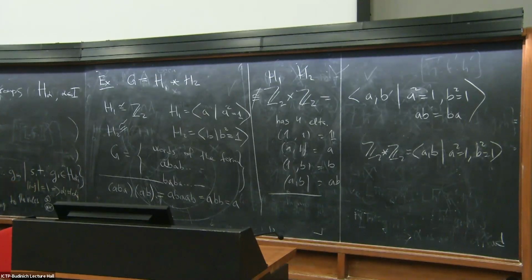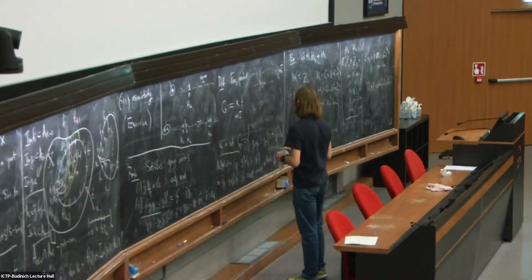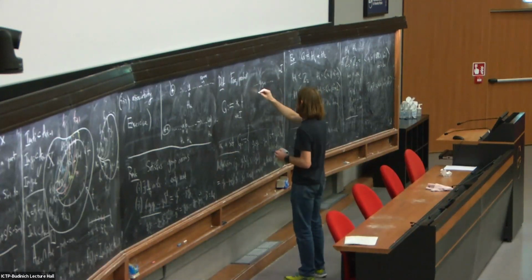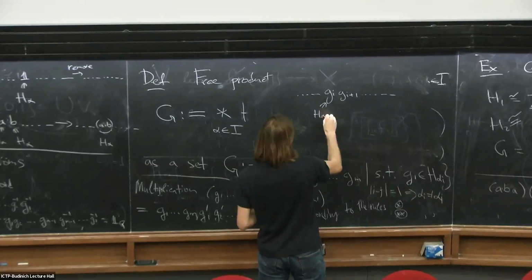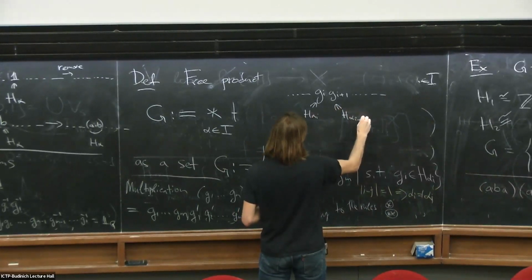This is just a compact way to state the following: that if you have somewhere in this word a g_i and a g_{i+1}, suppose this belongs to some H_alpha_i, and this belongs to some H_alpha_{i+1}.